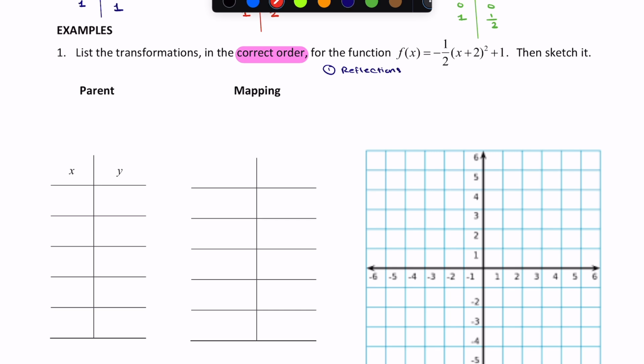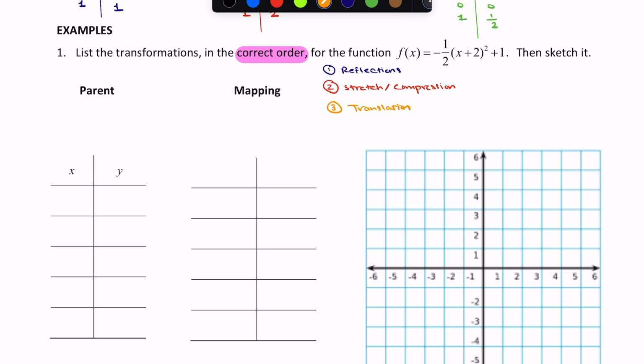Second will be any stretches or compressions that occur. And third are translations. So translations are always last when we're listing the transformations.